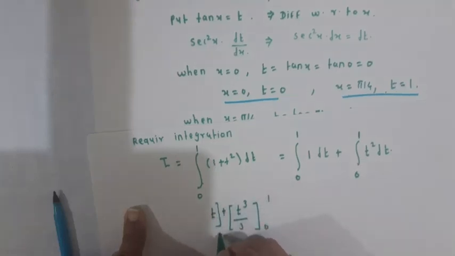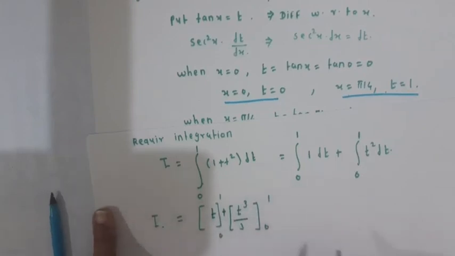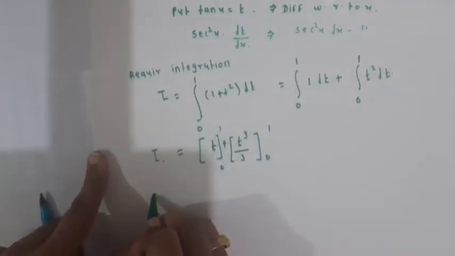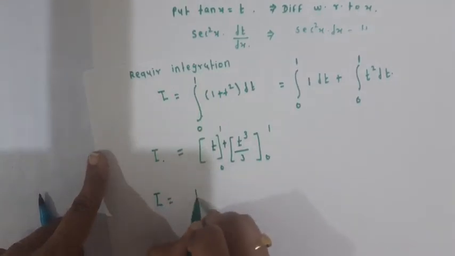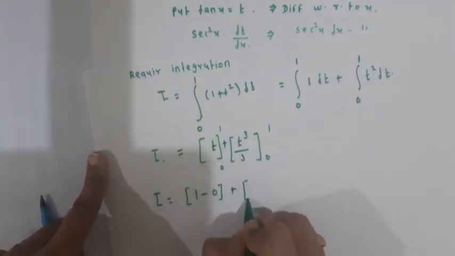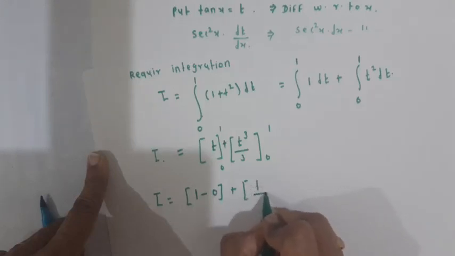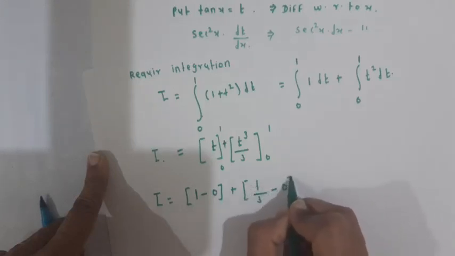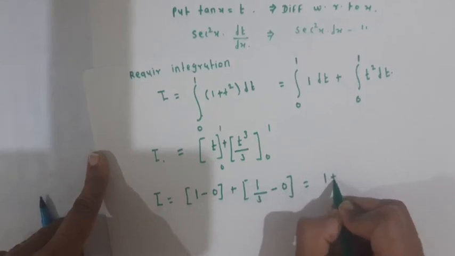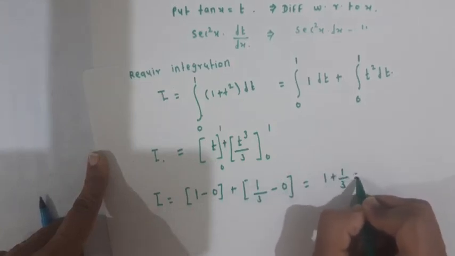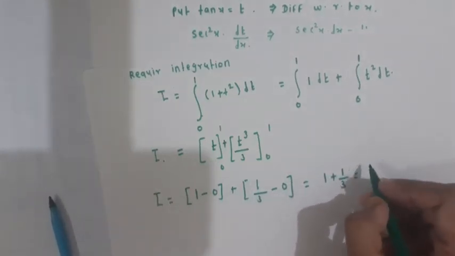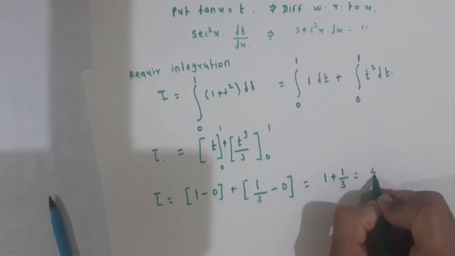Therefore I equal to upper limit 1 minus lower limit 0: upper limit 1 cube upon 3 minus 0, and this is equal to 1 plus 1 by 3, and the answer is 4 by 3.